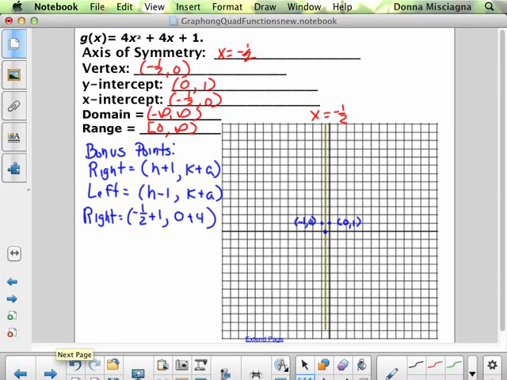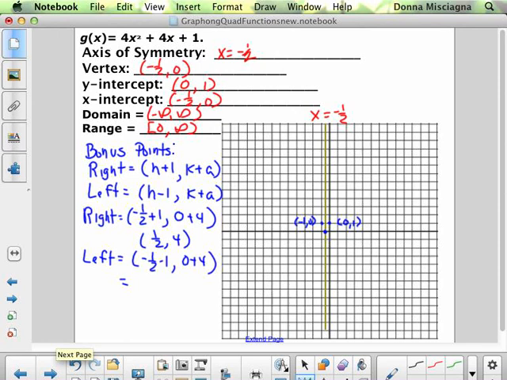And when we increase 1 to the left, actually let's write down the value as a point, we're going to increase 4. So this is 1/2, 4. And then our left bonus point is negative 1/2 minus 1, 0 plus 4, because it's symmetric.